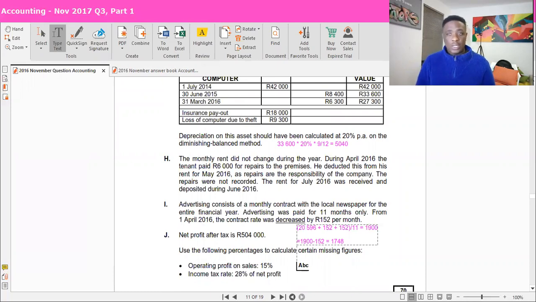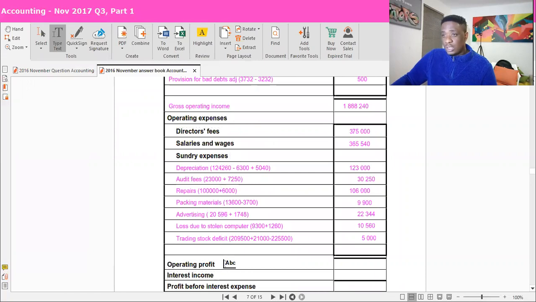In other words, operating profit divided by sales is 15%, so operating profit is 15% of sales. If you take the sales and multiply by 15%, you will get the amount for operating profit. So that's what we need to do here.